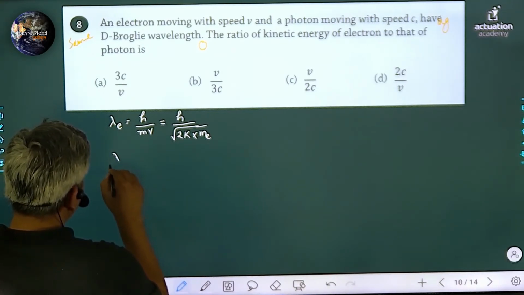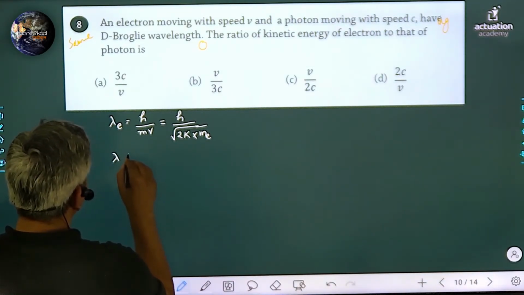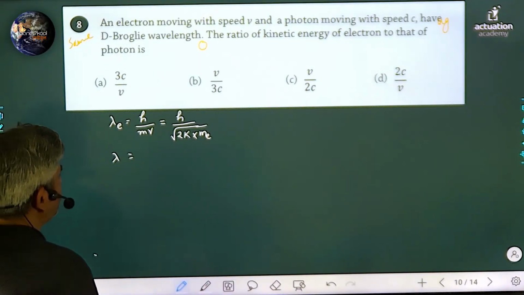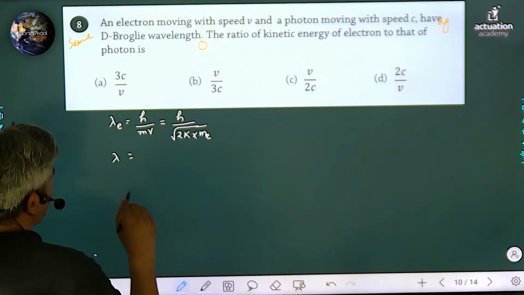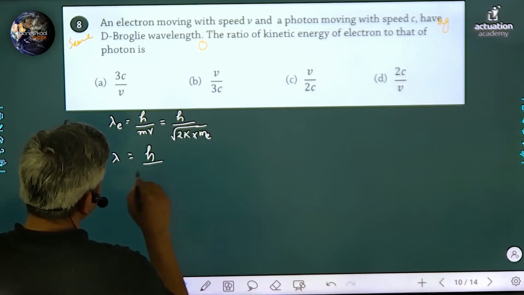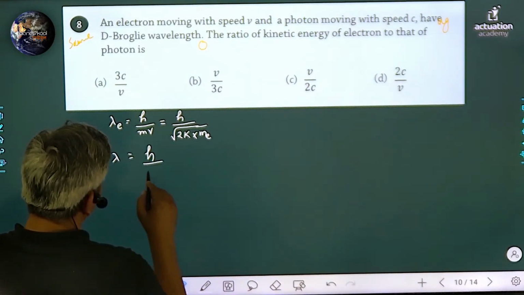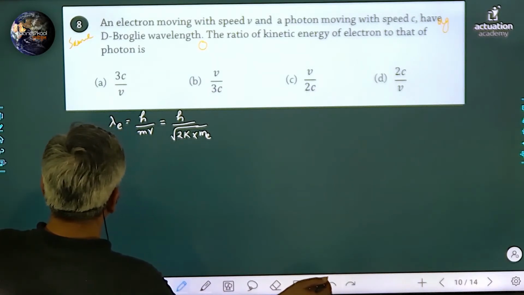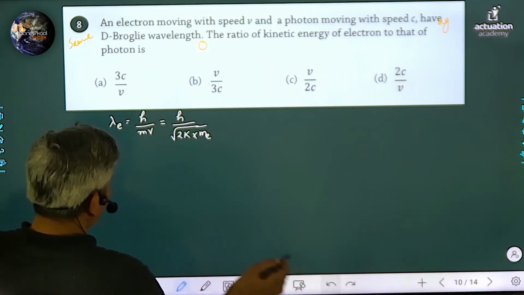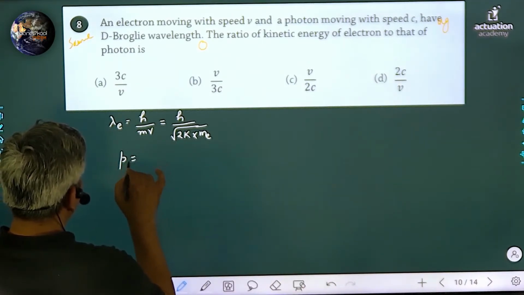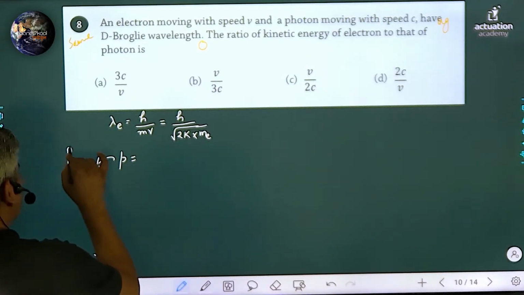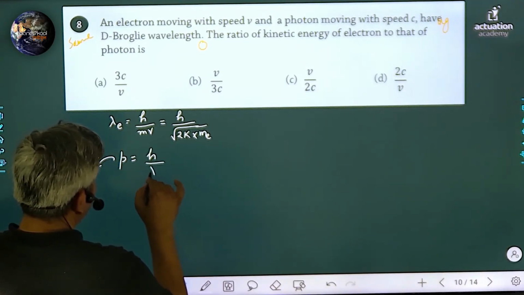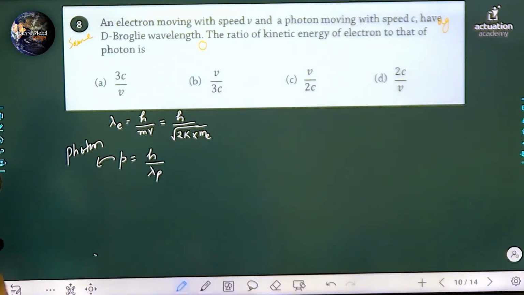So lambda is the wavelength of the photon, and that is simply h by the momentum. So the momentum of the photon can be written as h by lambda of the photon, but they are both equal.